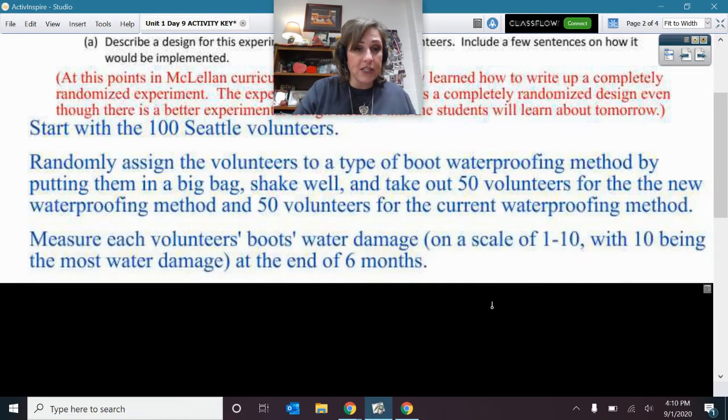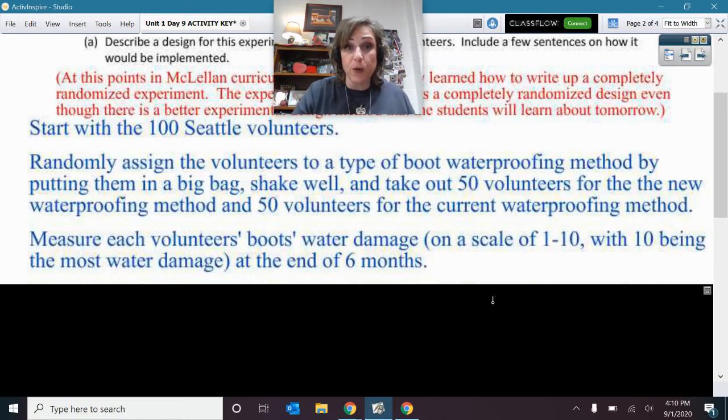Now, measure each volunteer's boots' water damage. They didn't tell me, and I don't think that they specifically counted off for this in the grading guidelines, but we'll look at those on a scale of 1 to 10, with 10 being the most water damage. You could add that in there. It's not going to count against you. I just feel more comfortable with it there.